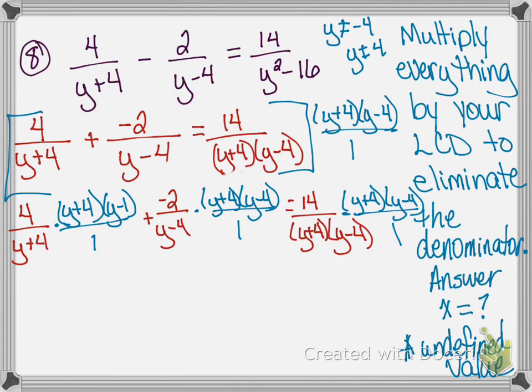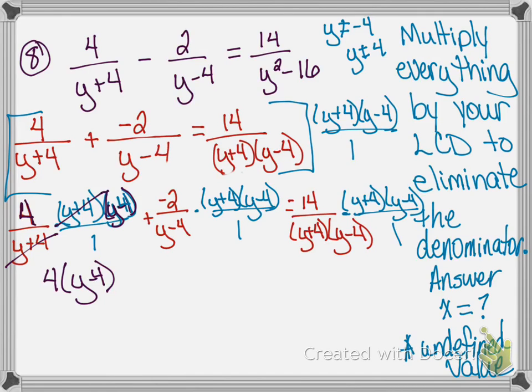Now I get rid of everything that shows up on the top and the bottom. So y plus 4 and y plus 4. So I am left with 4 times y minus 4. Yeah, that's y minus 4 right there. Y plus 4, y minus 4, that's my LCD.